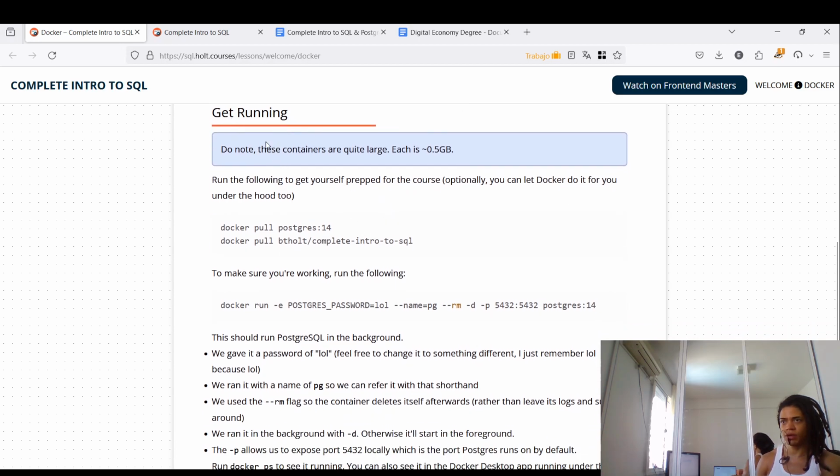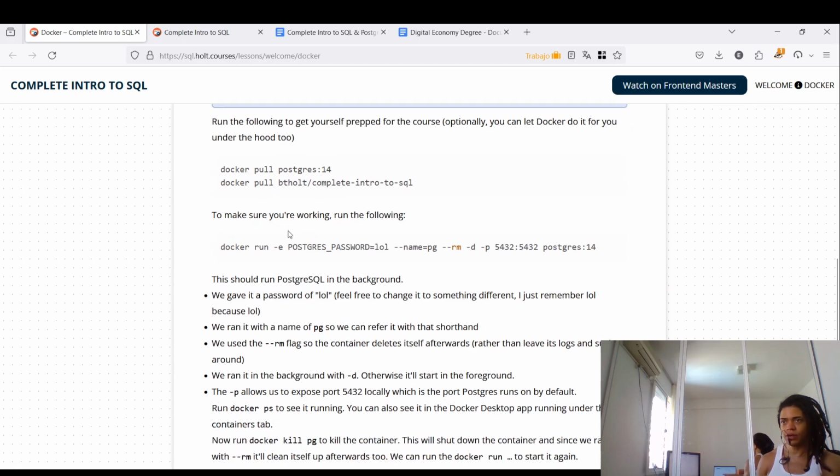So yeah, get running. Do note, these containers are quite large. Here we're explaining a little bit of Docker. To use Docker, you need to install Docker. I already installed that. Then you have to pull the image, which contains all of these ingredients, this recipe for you.